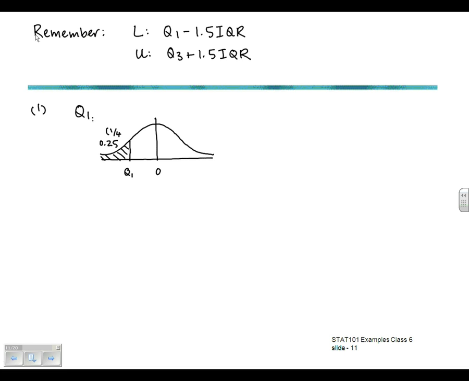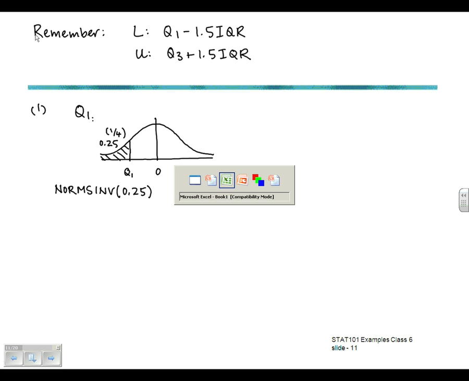Remember, the whole area under that graph is 1, so we need the Z-score such that the area up to that point is 0.25. We'll get that by using, in Excel, NORM.S.INV and 0.25.